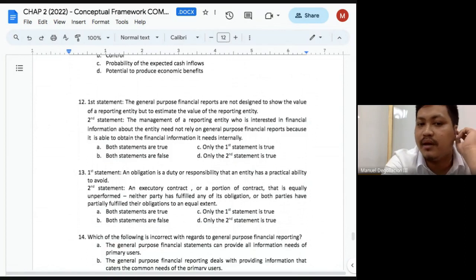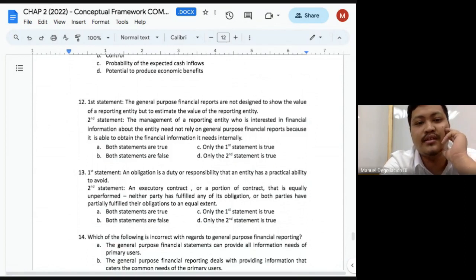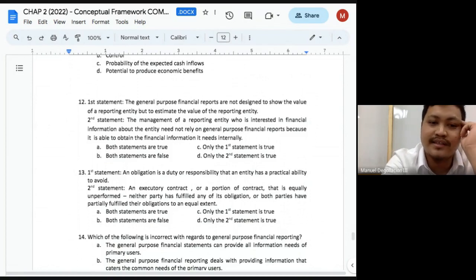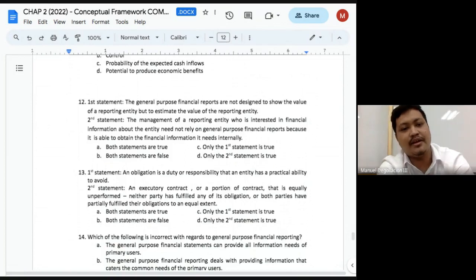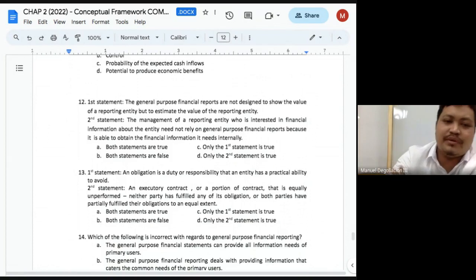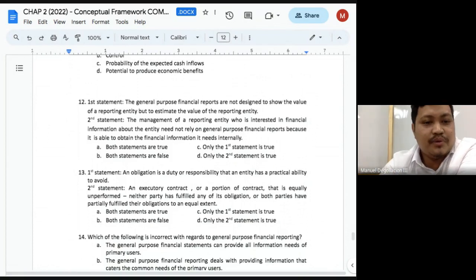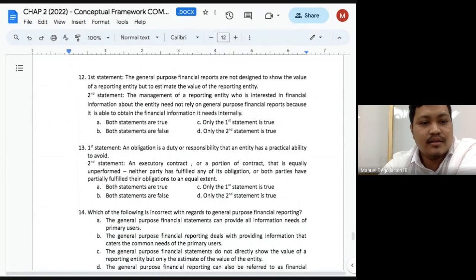Second statement, the management of a reporting entity who is interested in financial information about the entity need not rely on general purpose financial reports because it is able to obtain the financial information it needs internally. Again, this is also a true statement. So the answer number 12 would be both statements are true. Letter A. Because if this would be the question that will come out in your examination, then there should be no reason for you to not get it right.